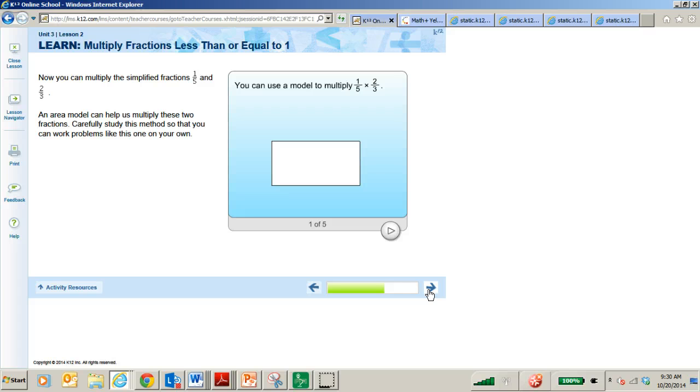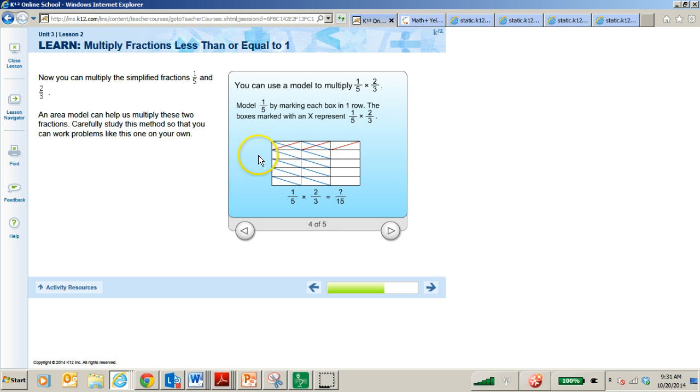Now this is one of my favorite things. It says model multiplying 1/5 times 2/3. And I'm going to show you this with the document camera as well. So if we have 1/5 times 2/3, you can see that they've divided this strip into thirds, and they have marked 2/3. But we only want 1/5 of that. So then what they're going to do is go across. We have 1, 2, 3, 4, 5 groups, or divided into fifths.